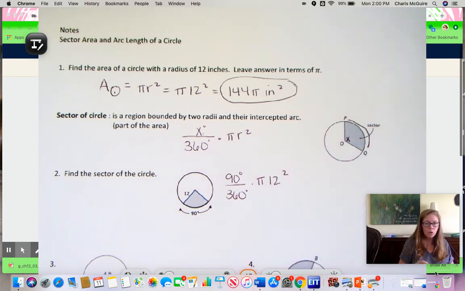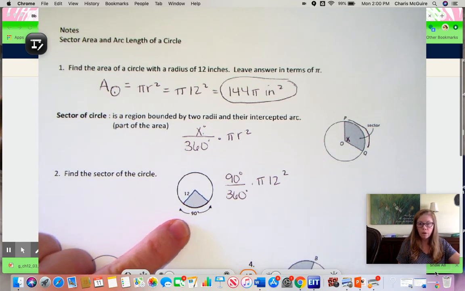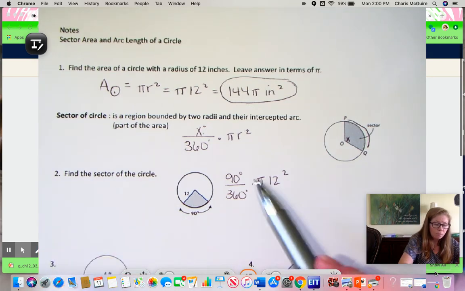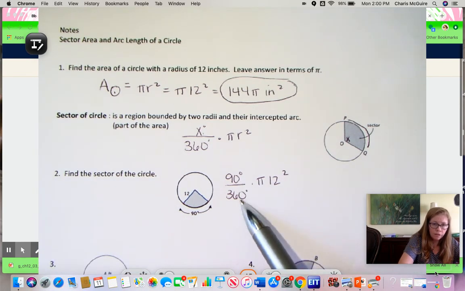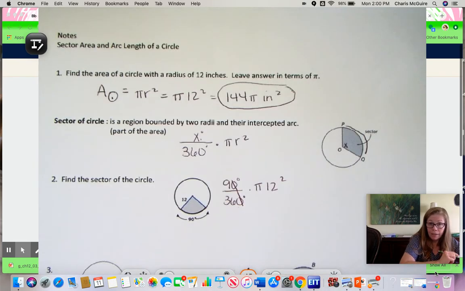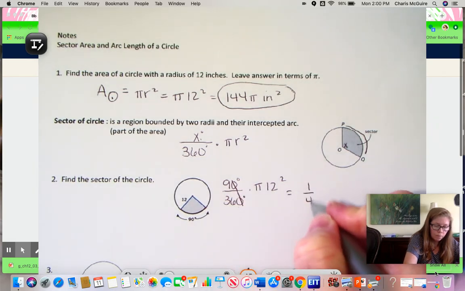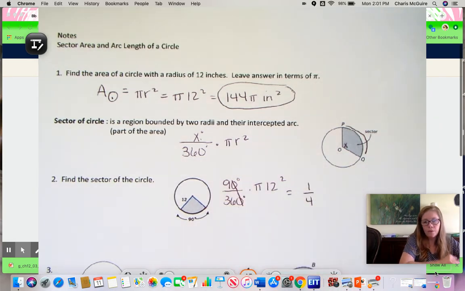So it's the same circle that we had up here in number one. We're just doing a quarter of it now. And when you reduce the 9 over 36, watch what happens. The zeros cancel, right? And 9 over 36 is 1/4.